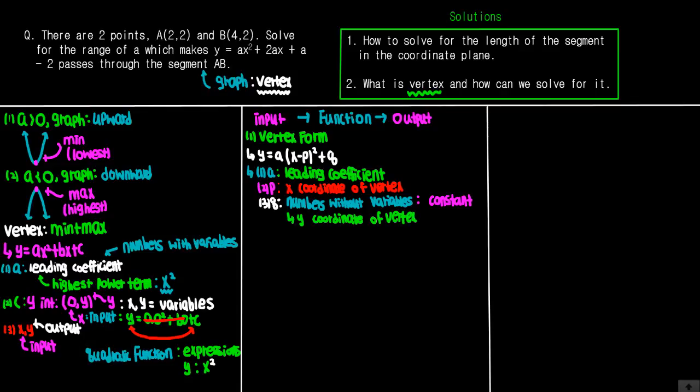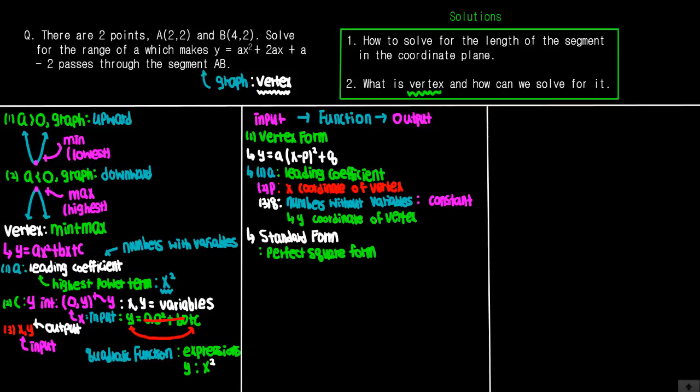Now let's think about how to solve for the vertex form from a standard form. If you go back to our standard form basic structure, y is equal to ax squared plus bx plus c, all we need to do is complete the square, which means we're converting this into a perfect square form.